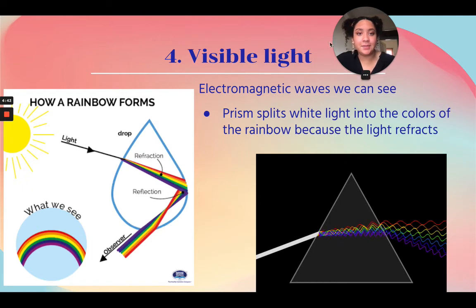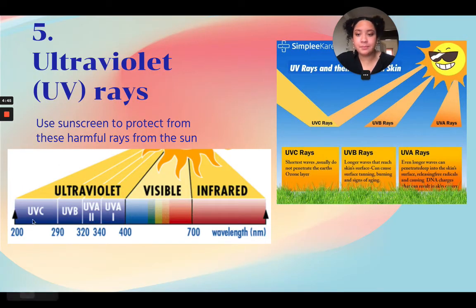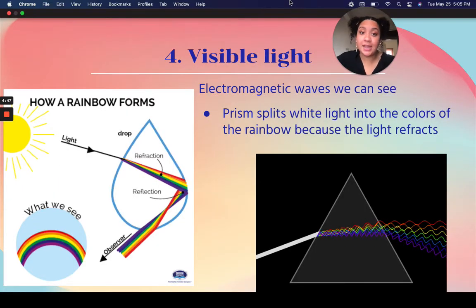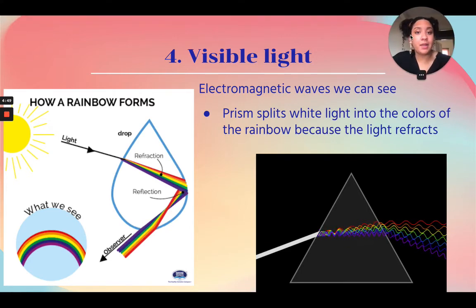Next is visible light. Those are, again, electromagnetic waves that we can see. As an example of how we see different types of light, prisms split white light into the colors of the rainbow because the light is refracting, so it's bending. All of these different colors have different wavelengths, which is why we see all different types of colors.